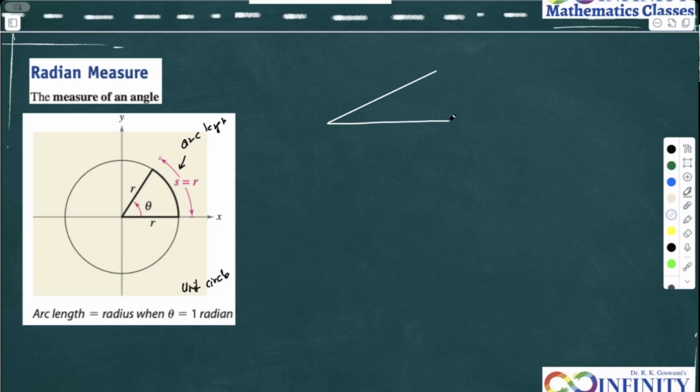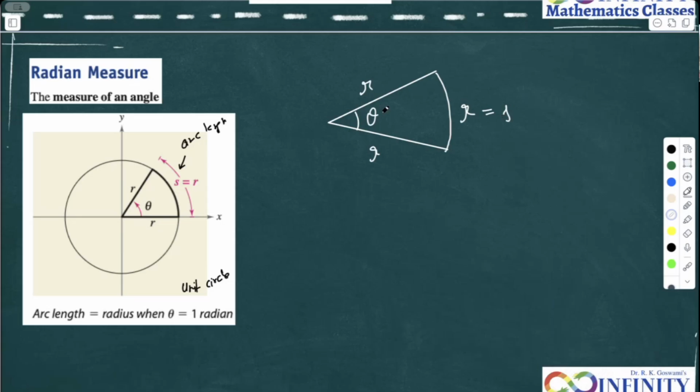Basically, this is the situation. Let me tell you once more. You consider this angle is theta. This radius is r, this radius r, and this radius is going to be r there. So always remember all these three things are going to be r. What is this side? It is going to be the arc length.